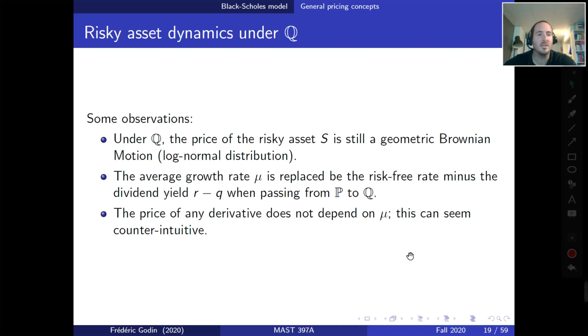In Chapter 2, we saw that the parameter p, the probability of an upward movement, had no impact on the price of options. And here in this chapter, we have the same type of phenomenon. The parameter mu has no impact on prices of options, which is surprising at first, but this is what happens.